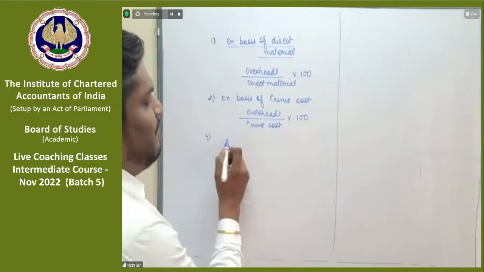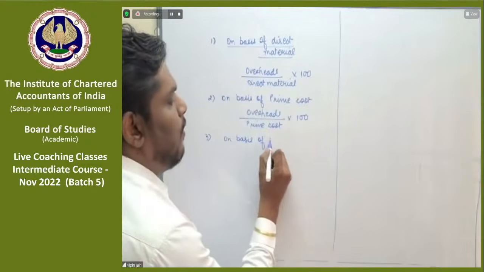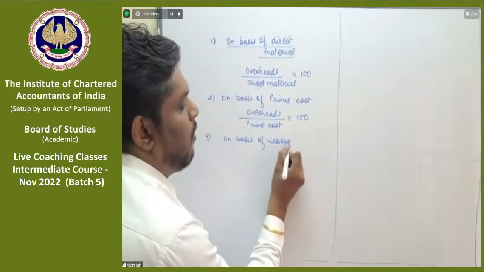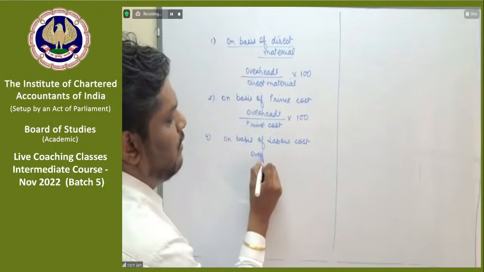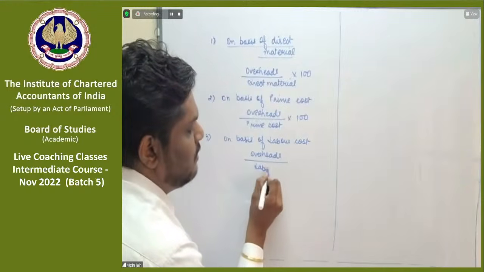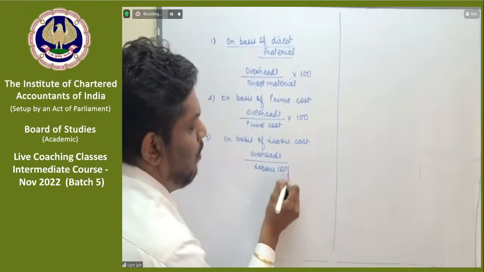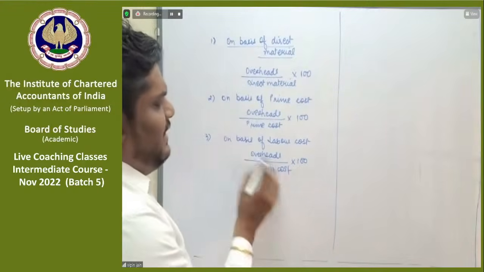Again, on the basis of direct labor cost, this will be overheads divided by labor cost into 100. This method is generally not applicable.